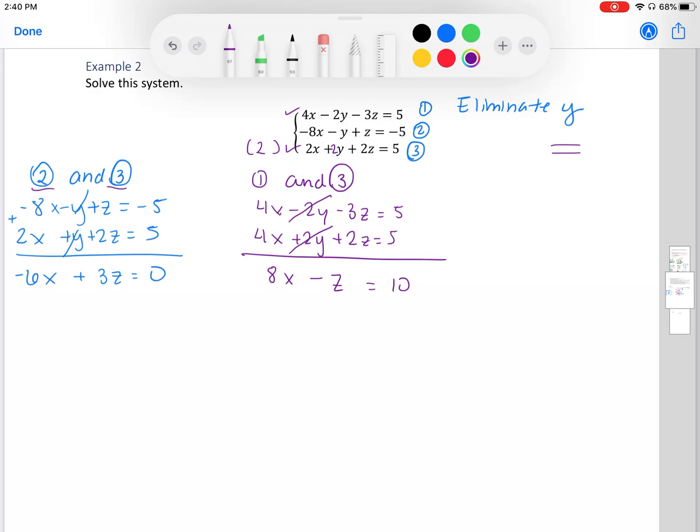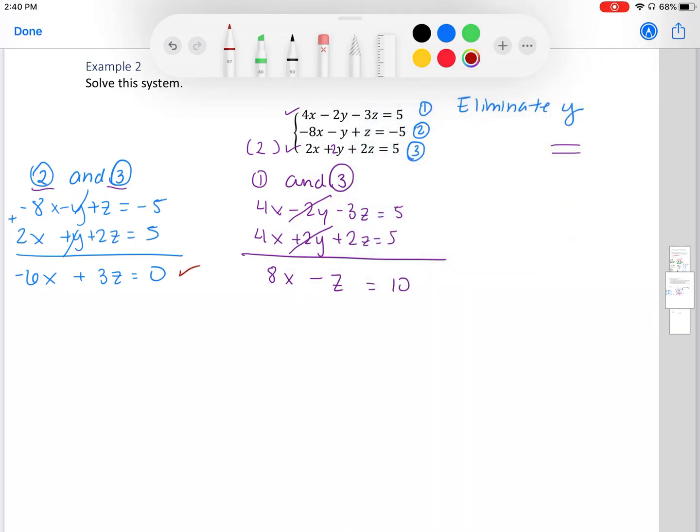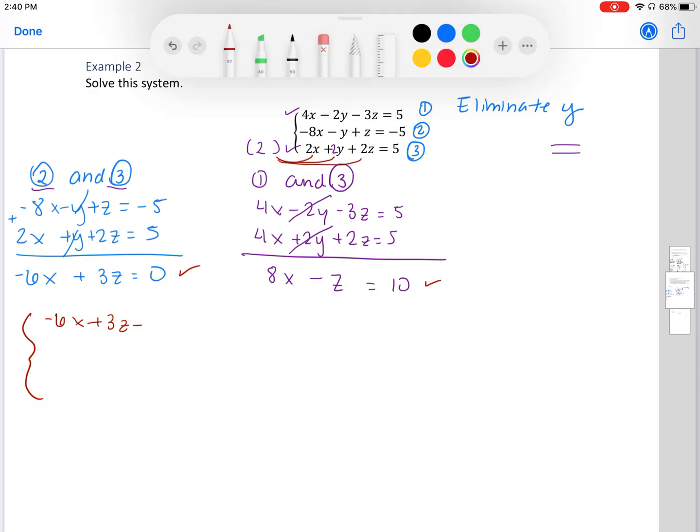Now let's ignore all of our work so far for a second, and work with the two equations that we have created. I want to work with negative 6x plus 3z equals 0. I made the same mistake again. This 2 multiplies to each term, so that I have 4x, 2y, and that should have been a 4z, and this should be a 10.